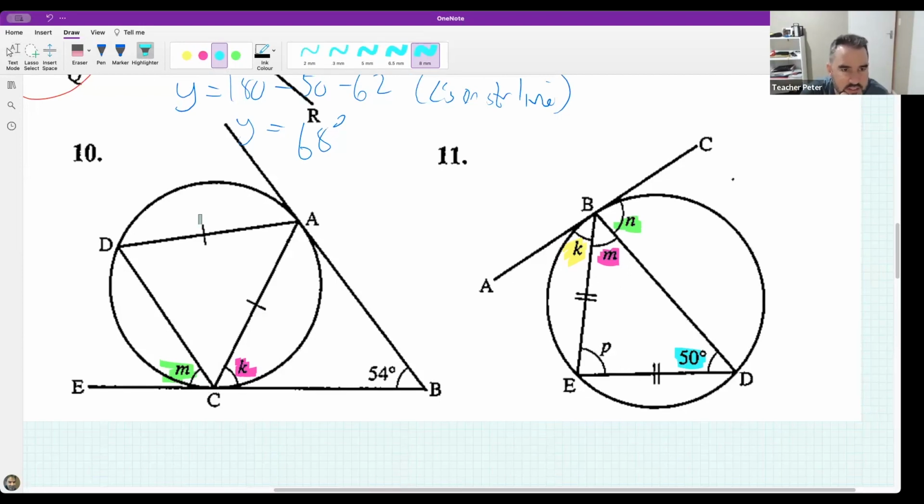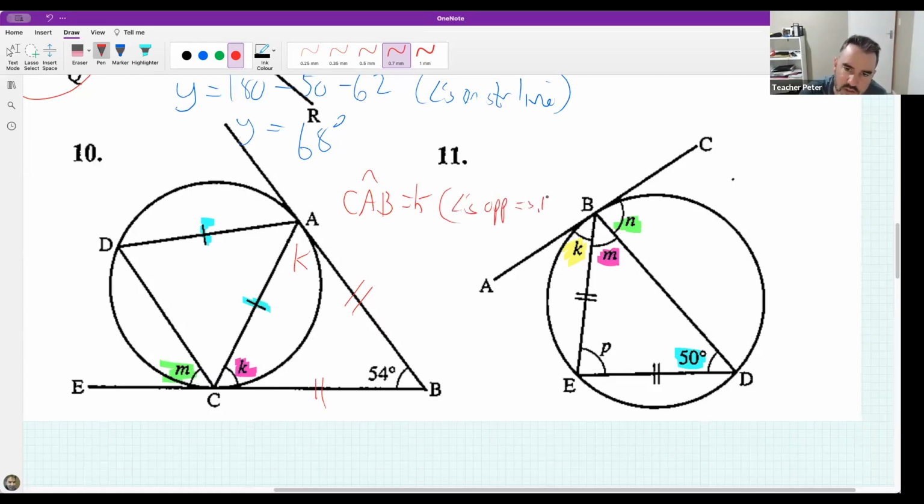Now this is helpful. So those are isosceles triangles. But you know what? This is a tangent from a common point. So these are also equal, which means this must be K. So CAB is K, and that is angles opposite equal sides.